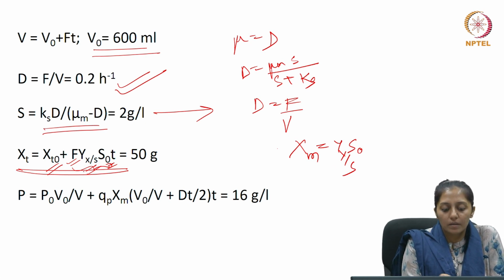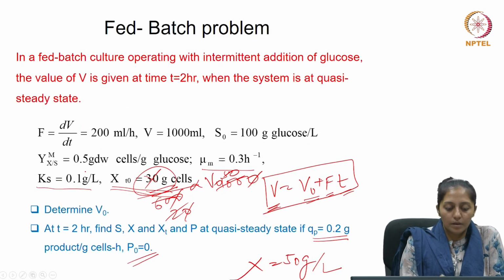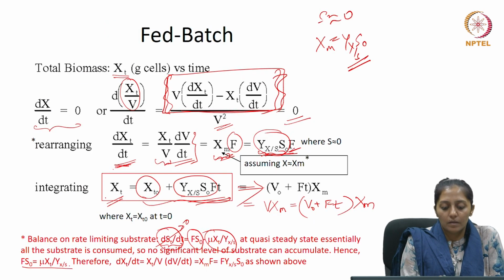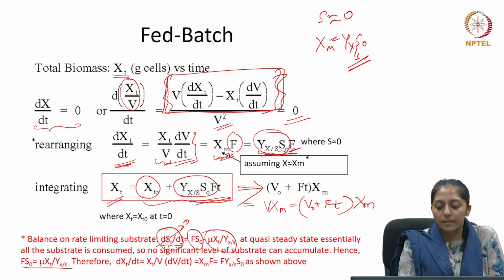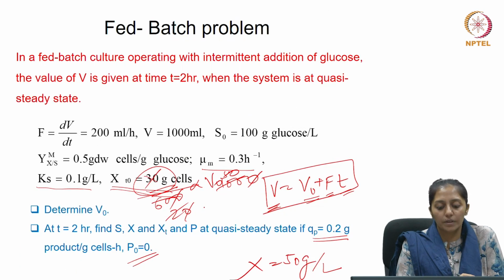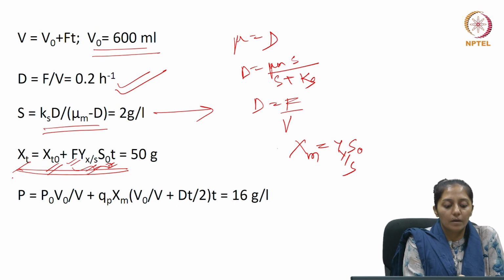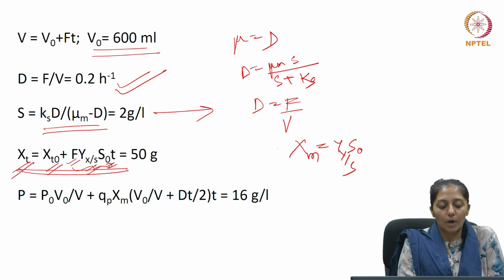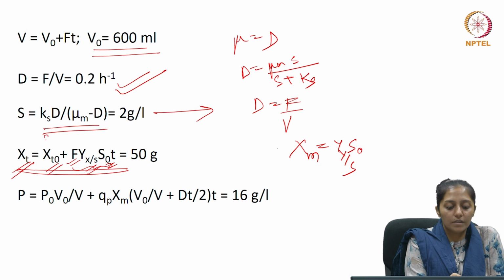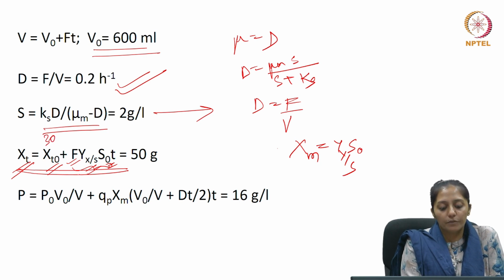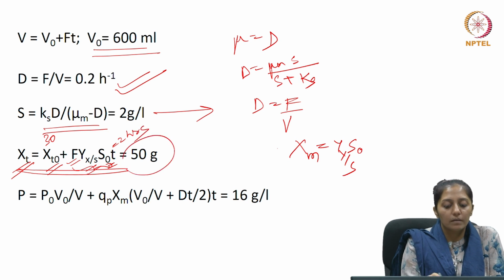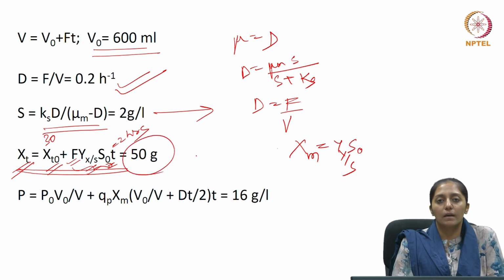So, now here, if you remember, this is how when we integrated equation 1 we got equation 2. So, I have directly used equation 2 here to find the amount of biomass at 2 hours. So, Xt naught is given as 30 and if you substitute all the values with t equals 2 hours here, then your amount of biomass will come out to be 50 grams after 2 hours.